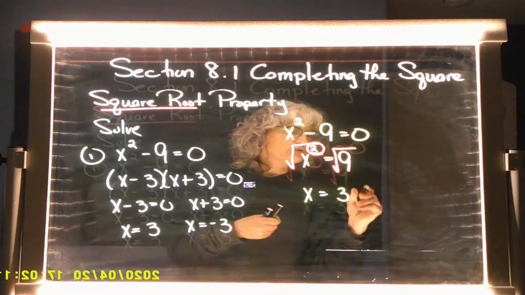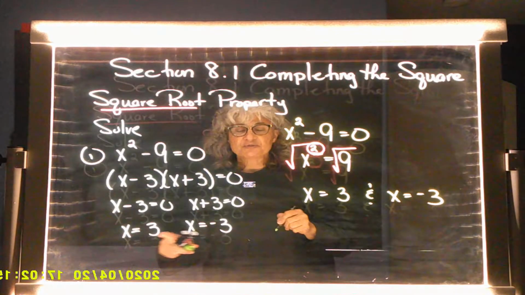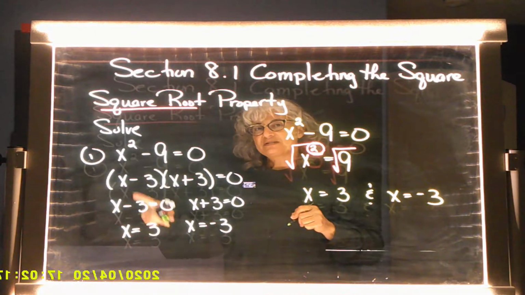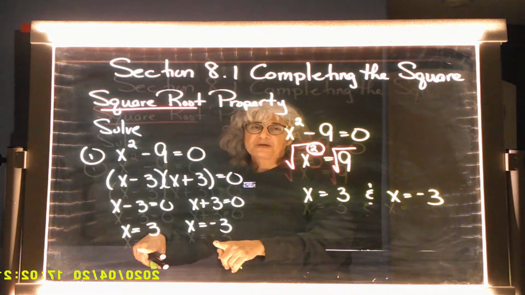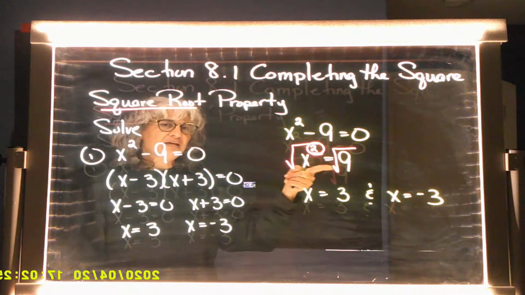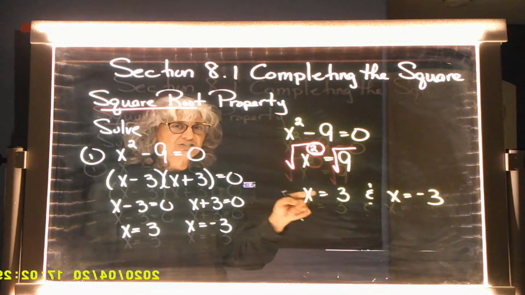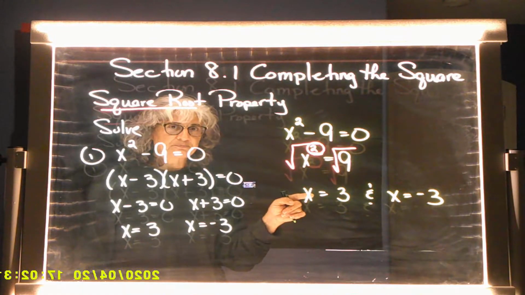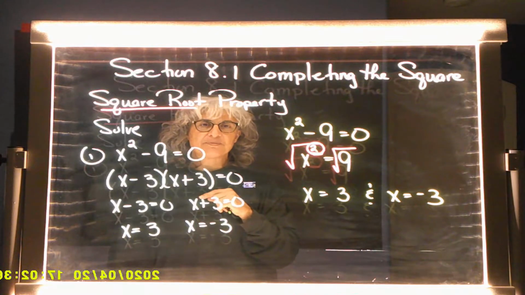X is also equal to a negative 3. And the first way that we learned to solve these, by factoring, shows I'm supposed to get a positive 3 and a negative 3. Well, when I solve it by a different method, I'm still supposed to get the exact same 2 answers. Nothing changes on that. Are you with me? Okay, cool. Hang in there. I got some more problems for us coming up.